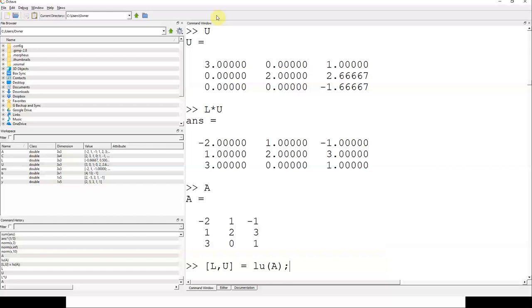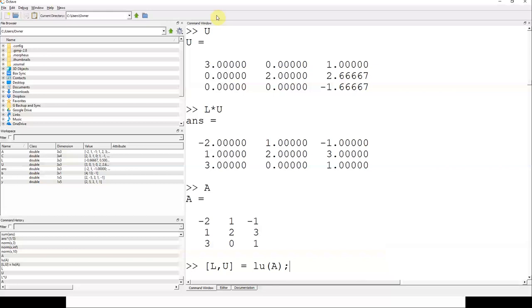Another thing: the U in LU is called an upper triangular matrix. Everything above the diagonal and on the diagonal has values, and below the diagonal is zeros. It's like a triangle where only the top part has values; the bottom has nothing.